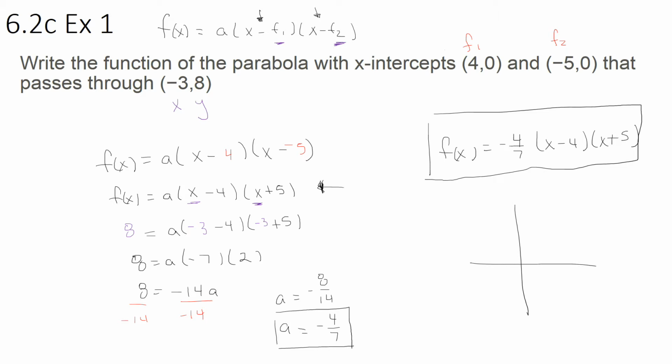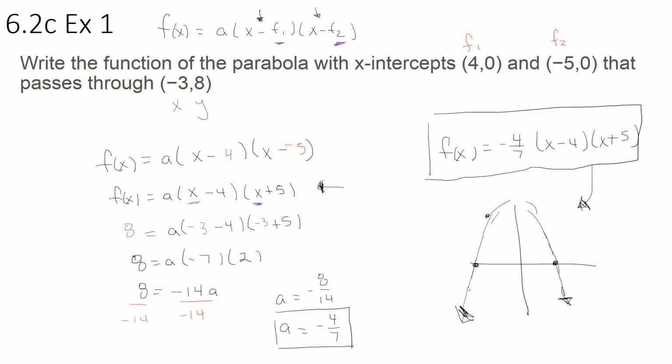So this is the information that they gave us. Okay, we know that there's an intercept at 4, 0, there's one at negative 5, 0, and it passes through the point negative 3, 8. So from this alone, because you know what a parabola looks like, you should be able to guess that it's going to look something like this. Okay, so what we found was the equation to actually graph that.